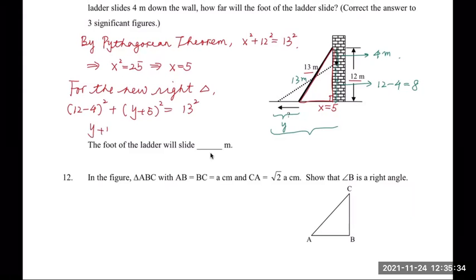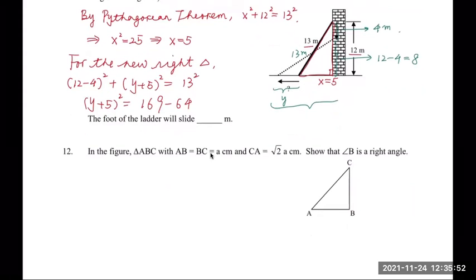That means y plus 5 squared is equal to 169 minus 64, because 12 minus 4 is 8. 8 squared is 64. So that would be 105, right? And now we need to find the square root of 105.